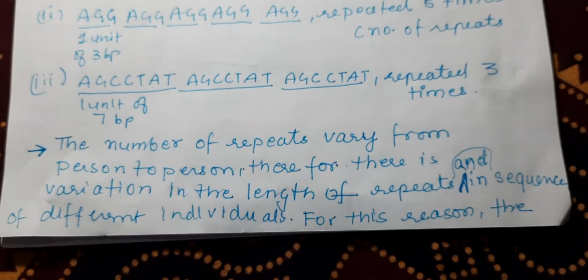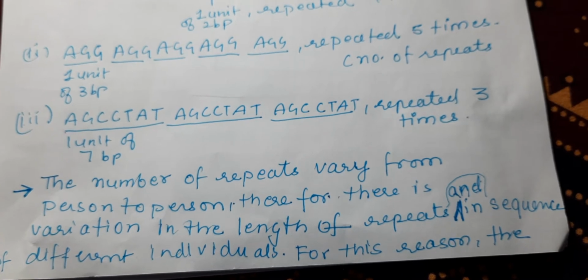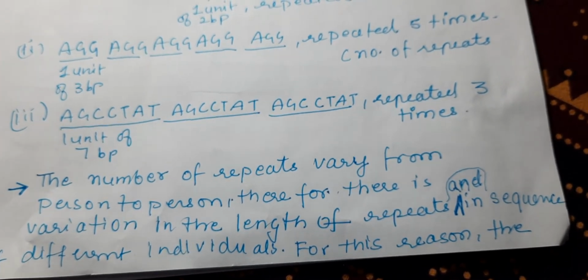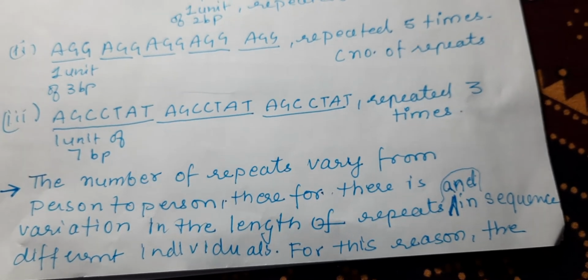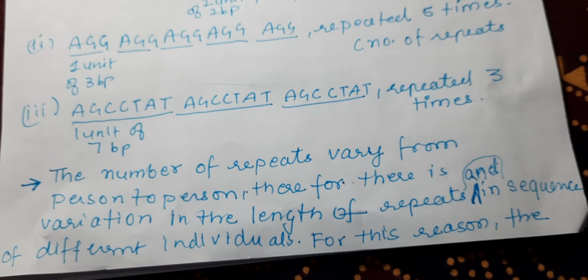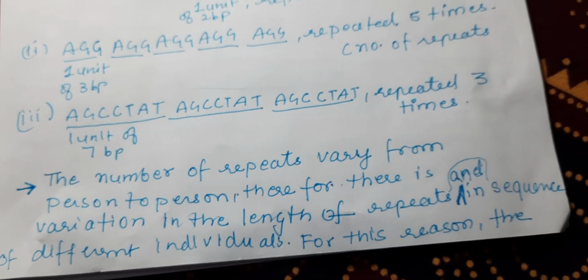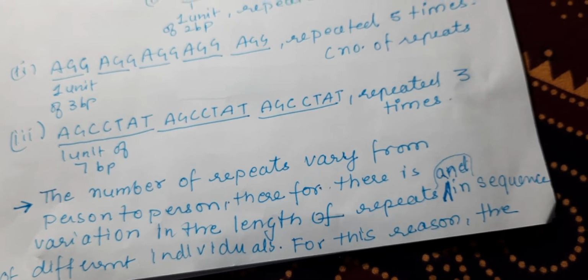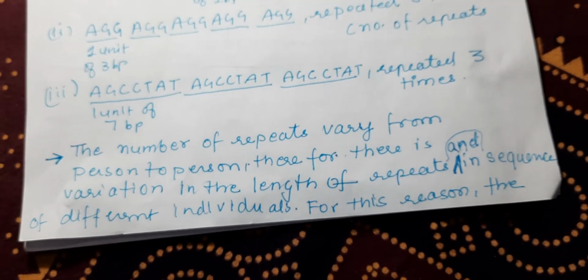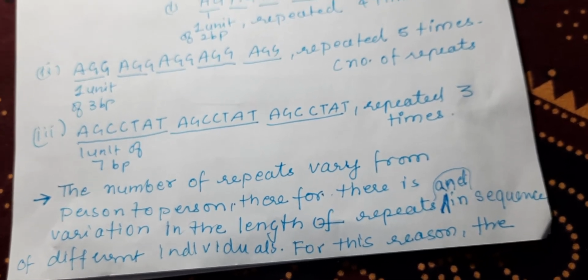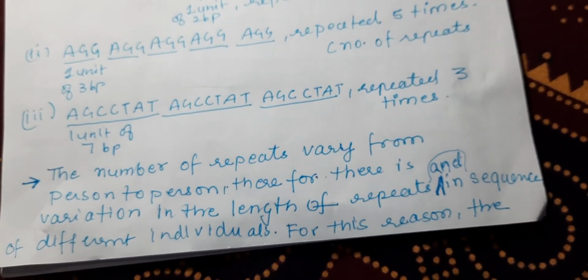So the number of repeat vary from person to person. Therefore, there is variation in the length of repeat and also in the sequence of different individual. So the variation arises because of the length of repeat, or you can say number of times it get repeated, and also sometimes there is variation in the sequence also.